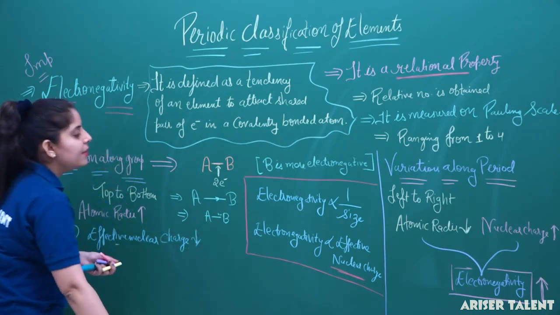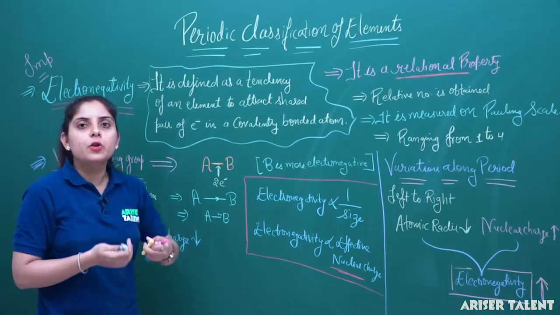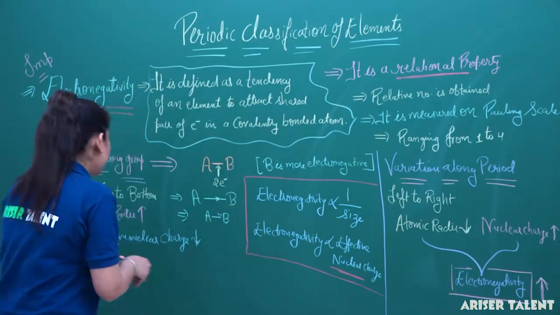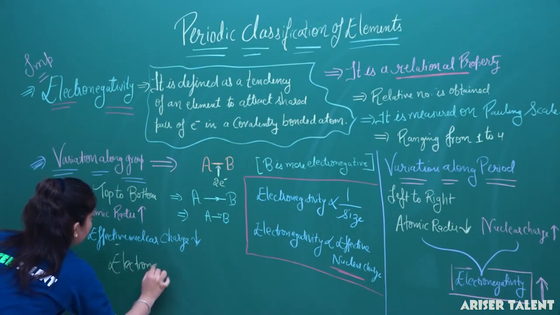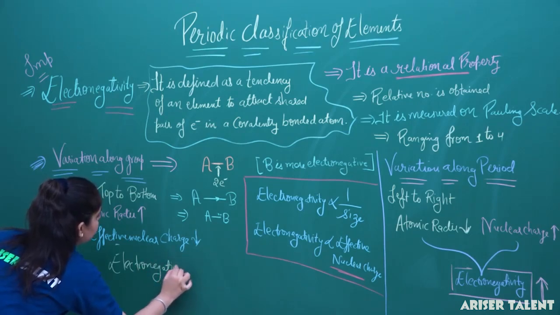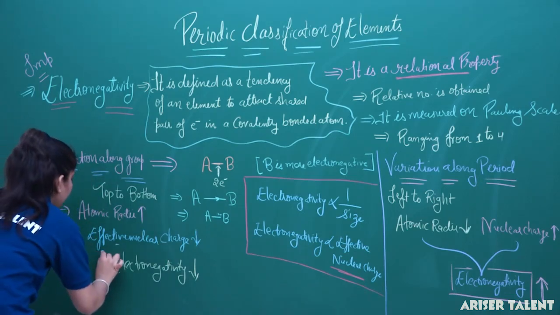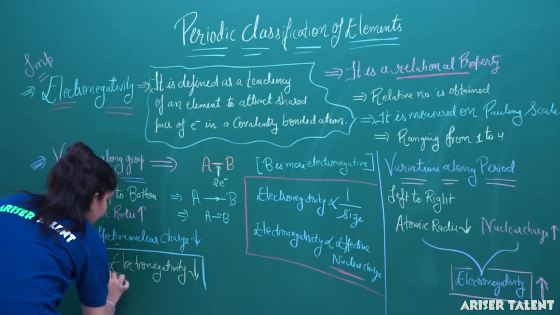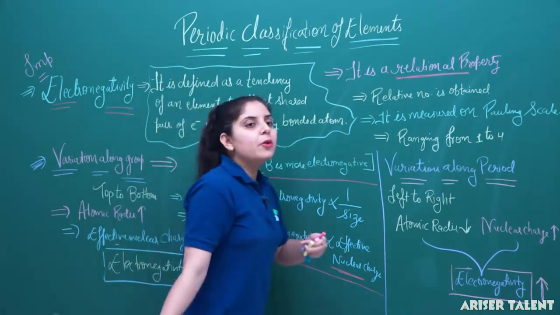Effective nuclear charge decreases, and if both of these happen, the electronegativity will decrease automatically. So we can say that electronegativity will decrease from top to bottom.